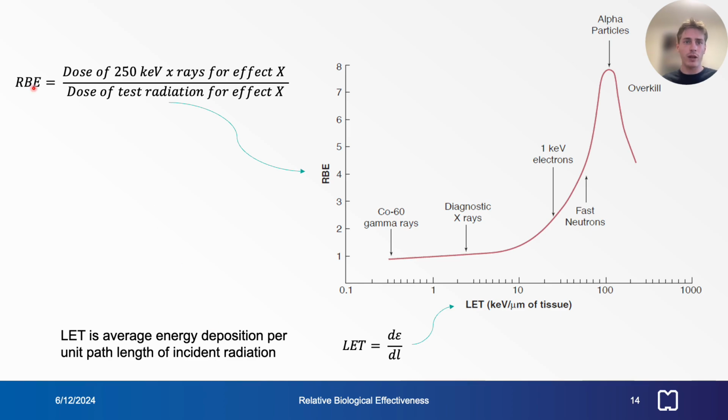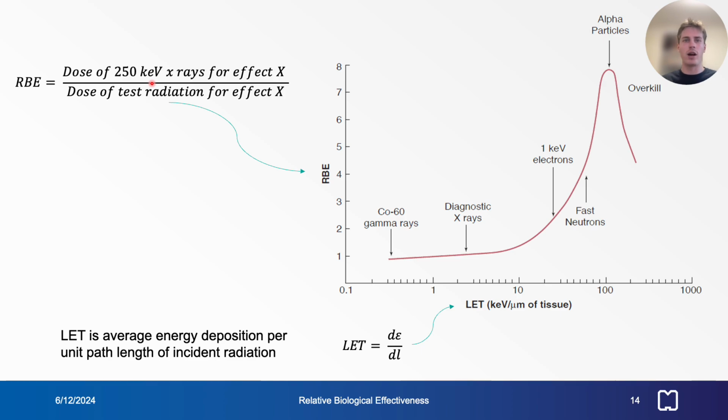RBE stands for relative biological effectiveness, and it's a measure of the effectiveness of a given radiation on the biological system relative to 250 kiloelectron volt X-rays. Therefore, if a radiation has an RBE of 2, that means it needs half as much dose as 250 keV X-rays for the same bioeffect.